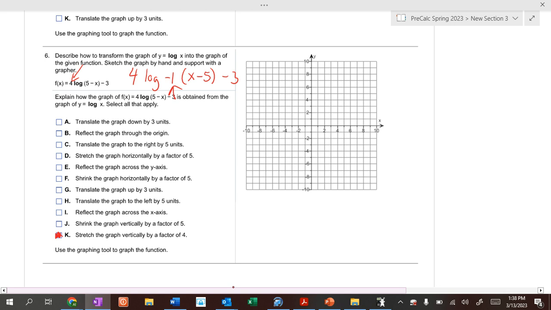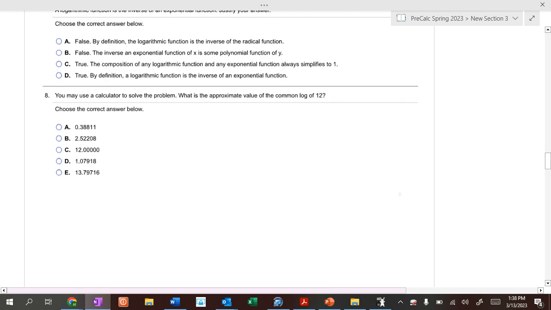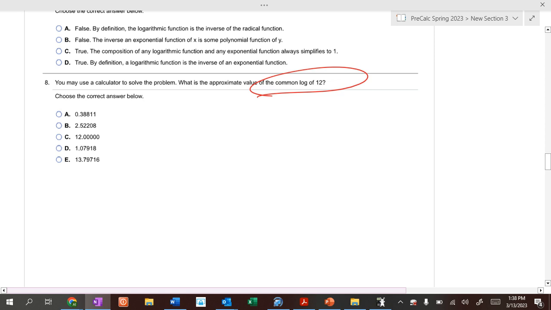That reflects around the y-axis. Minus 5 is to the right 5. Minus 3, down 3. So there's those answers, and then you do the final graph over here. Okay? All right. And then the common log of 12, you'll just type the log of 12 into your calculator and write down the answer.